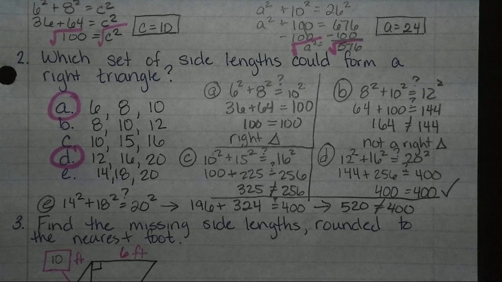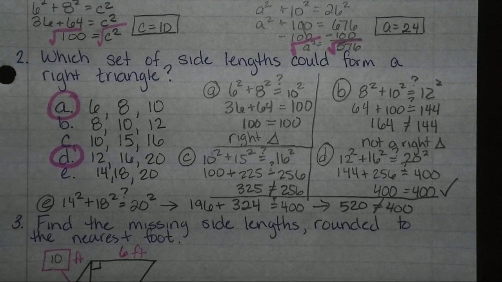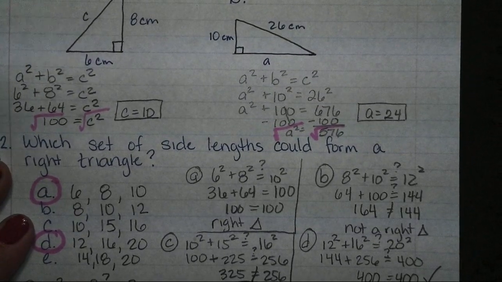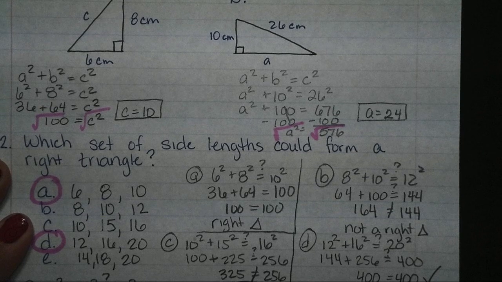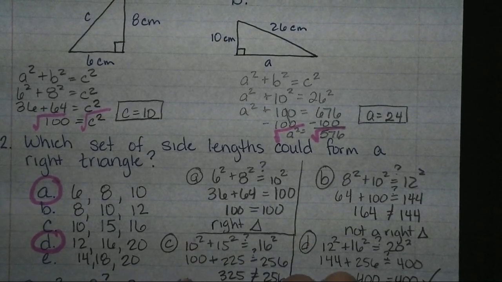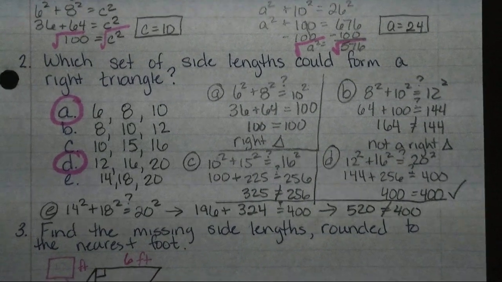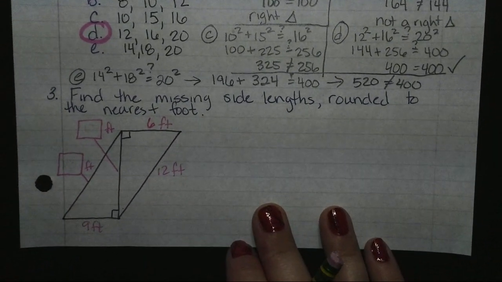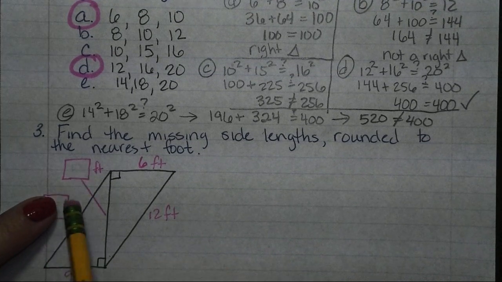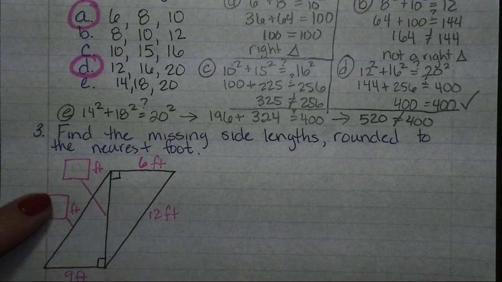All right, so that was lesson 2, the converse of the Pythagorean theorem. So now let's take a look at number 3. At this time, I want you to pause the video and see if you're able to come up with these two missing side lengths.